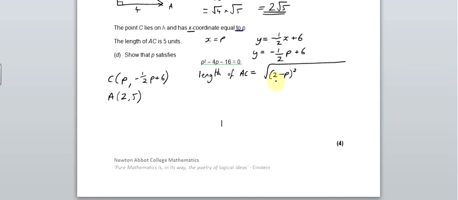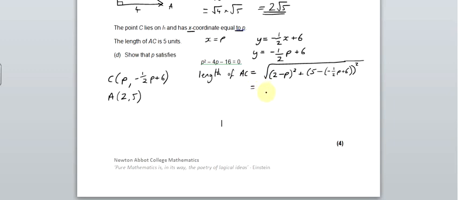It doesn't matter which way around you do it, of course, because the sign will be squared away. And then we're going to add the difference of the y coordinates, so that's going to be 5 minus this one here, which is minus a half p plus 6. And we square that too. And it's just a question of keeping our nerve and doing this.